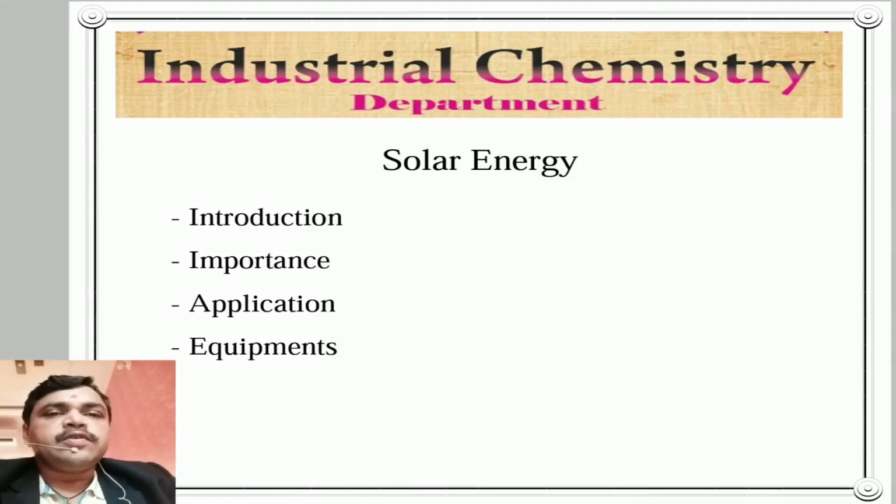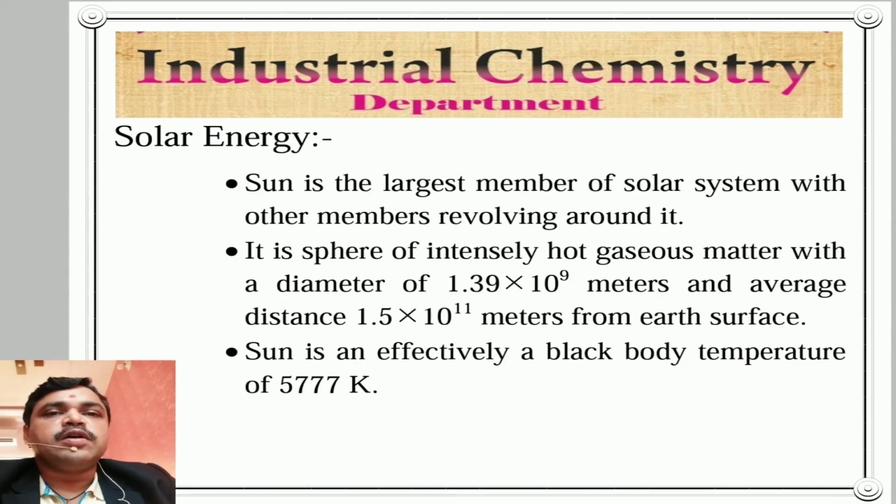In this topic, we introduce first of all solar energy, its important applications and some equipment. Introduction of solar energy. Sun is the largest member of the solar system, with other members revolving around it.